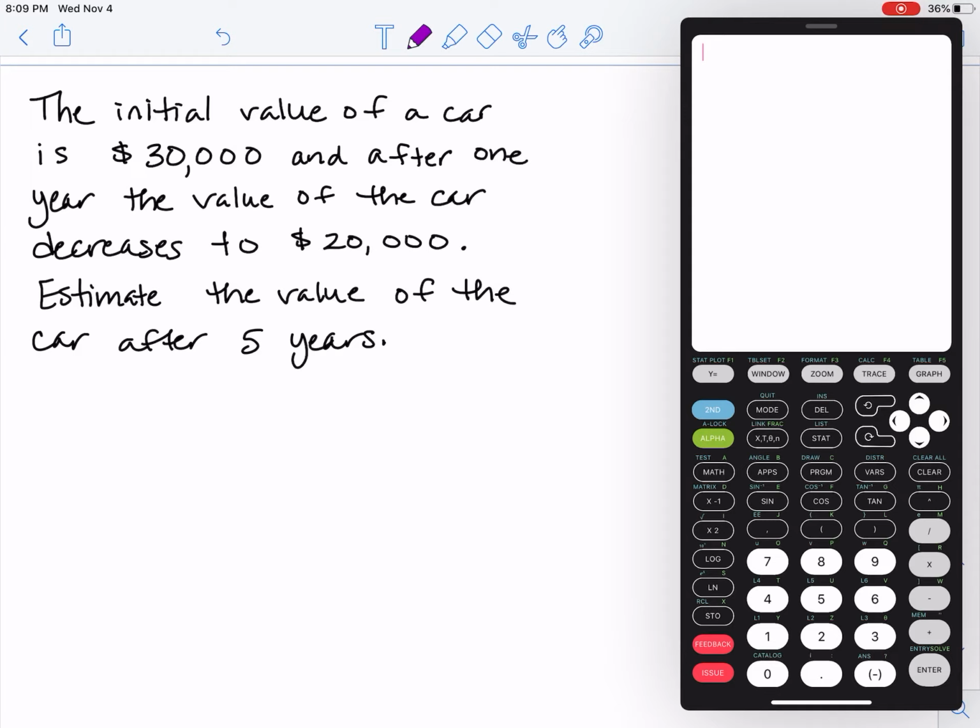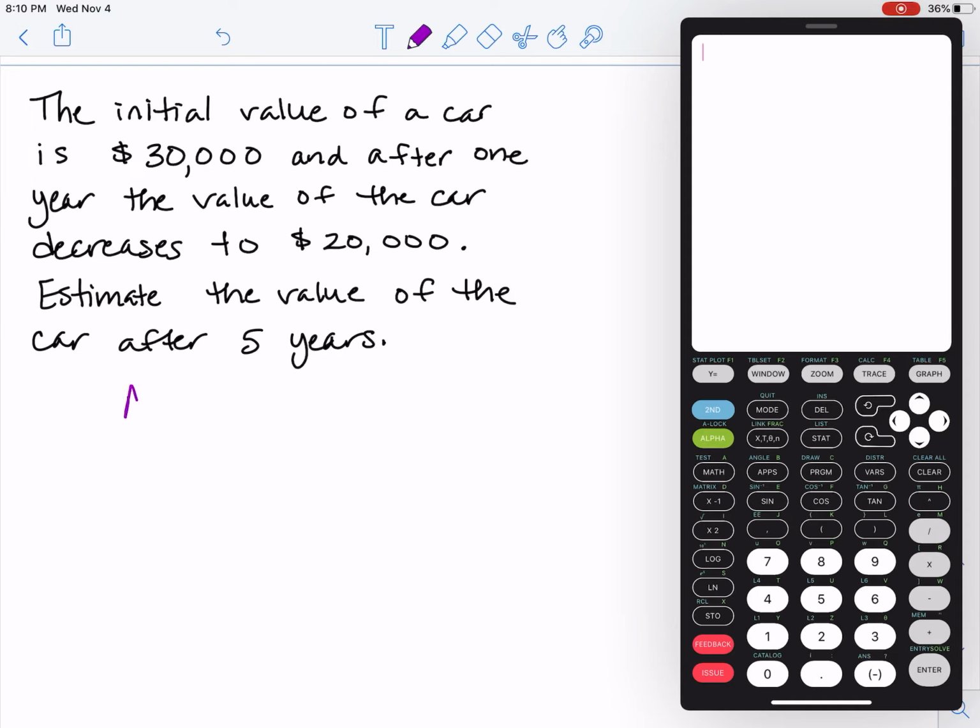So we got the initial value of a car is $30,000, and after 1 year, the value of the car decreases to $20,000. So since it says it's decreasing, that's going to be an exponential decay. It says estimate the value of the car after 5 years. Okay, well, let's see here. I need the equation.